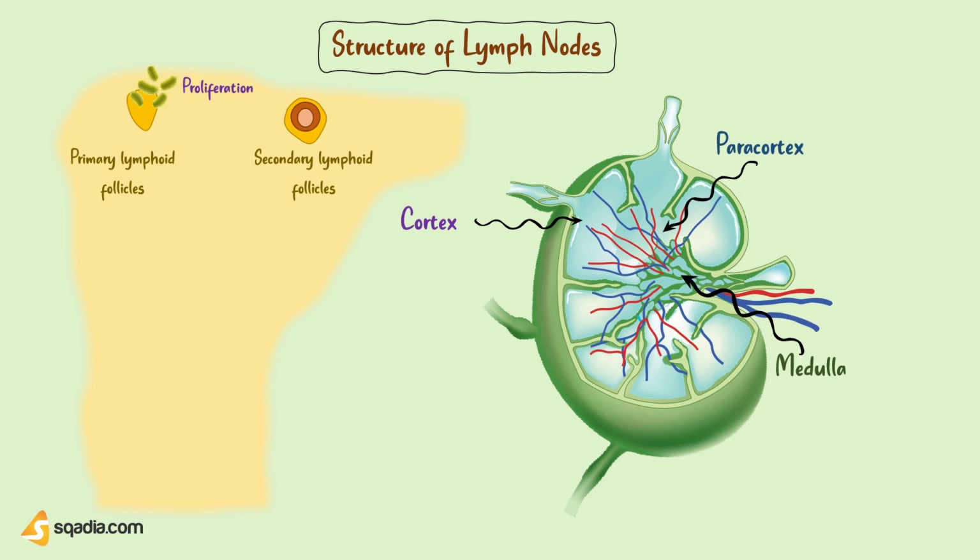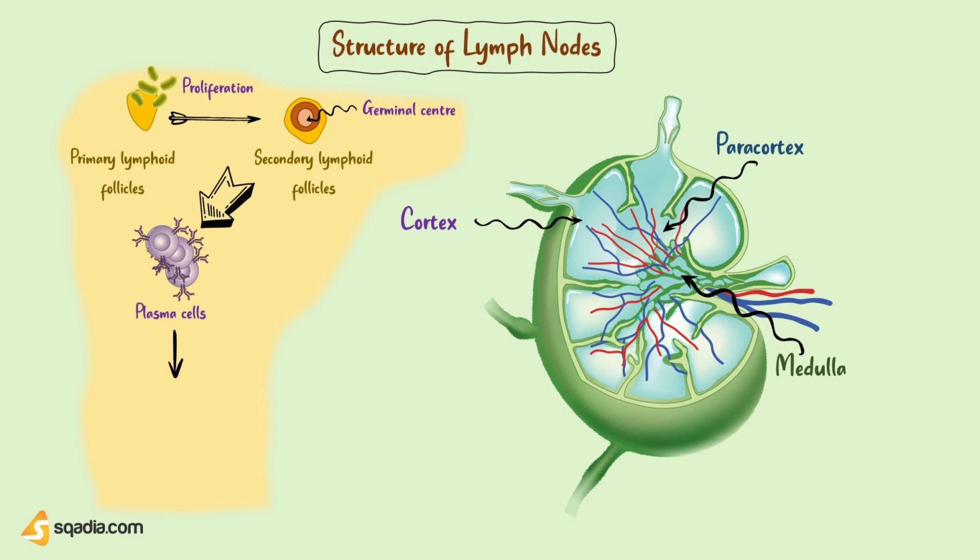After the proliferation of cells, the primary follicles become secondary follicles. The active proliferation of the cells occurs in a particular area of the follicle called the germinal center. These follicles have the potential to produce plasma cells, and so play a role in the initiation of antibody responses against bacteria and other foreign antigens in lymph.